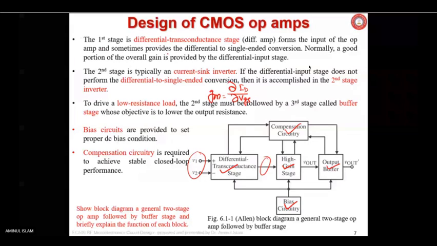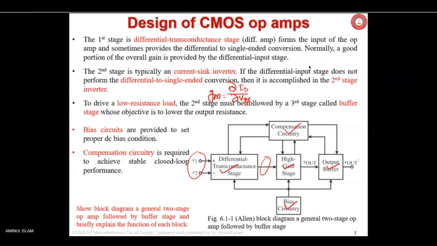And sometimes it provides differential to single-ended conversion, meaning you apply two different source voltages but take only one output: two inputs, one output. That conversion is done by this stage sometimes. Sometimes, of course, it may also give two outputs.